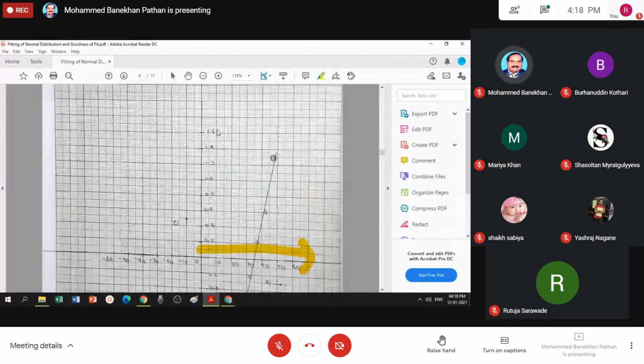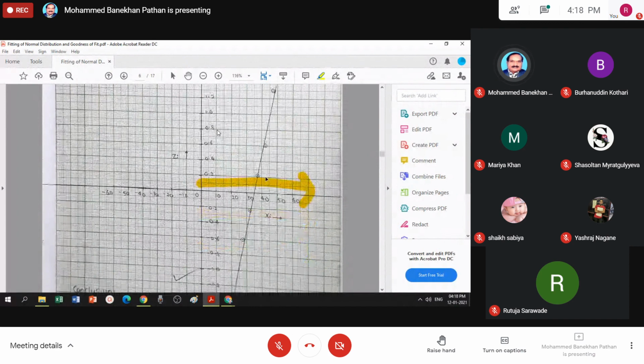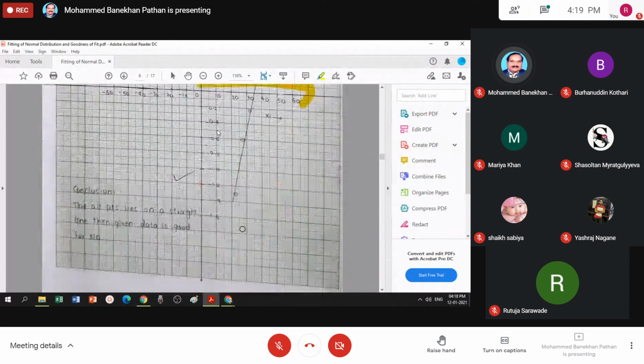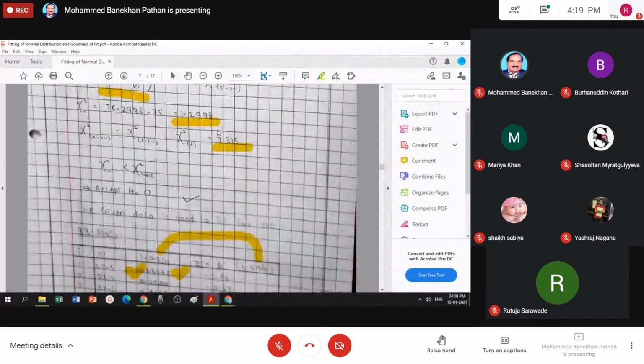That's why the conclusion for question 1 is that the data is good to fit because all the points are on a straight line. And the same thing is concluded by chi-square: accept H naught.